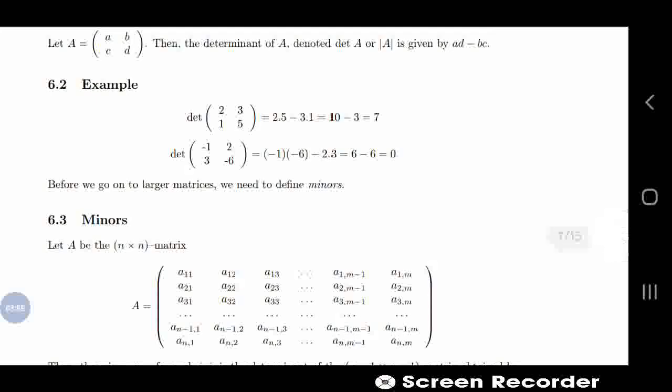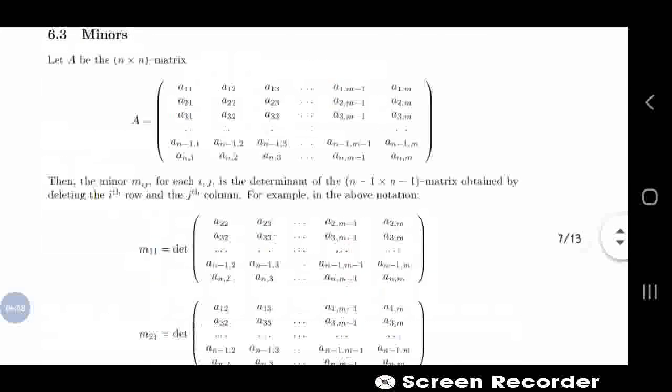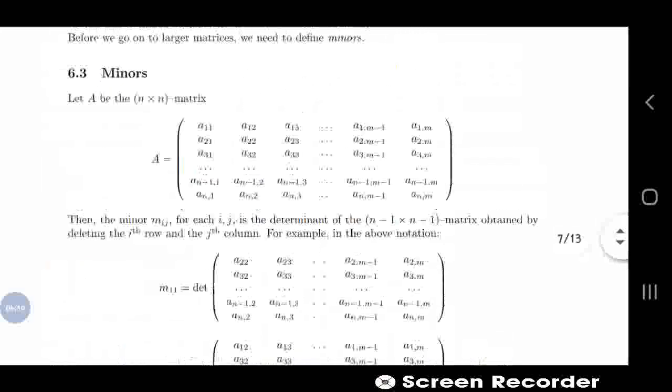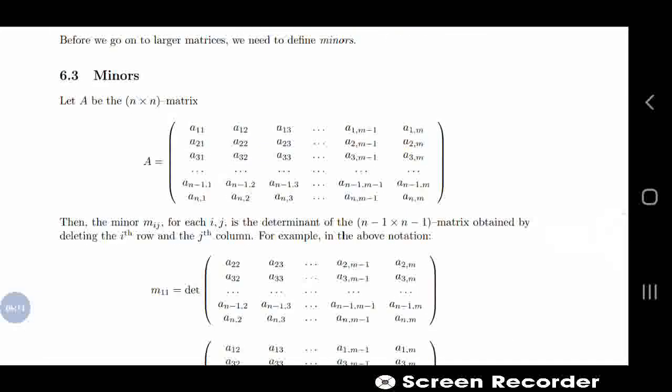Next, minors. So what is a minor? Let A be an n by n matrix, with entries A11, A12, A13, like that it will go on.